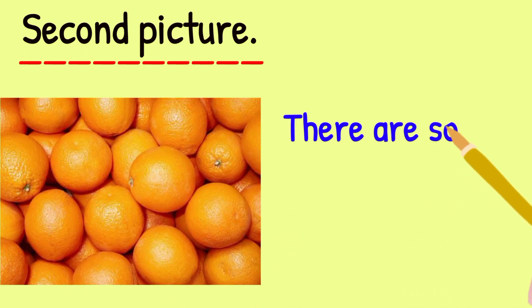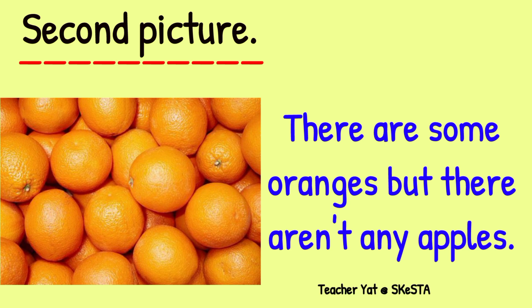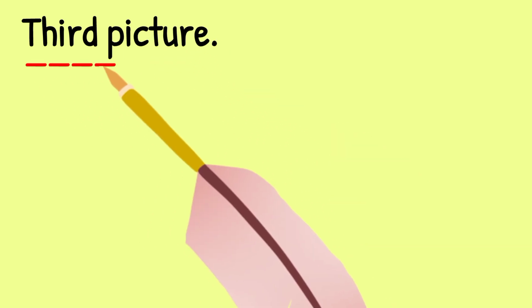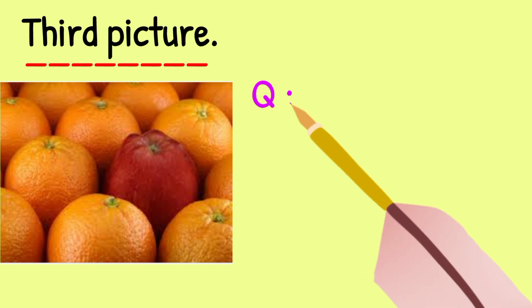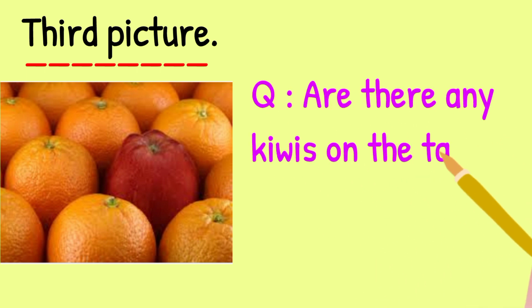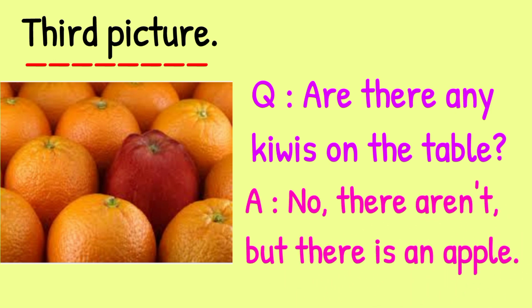For the second picture, we can say, there are some oranges but there aren't any apples. When there are none of apple on the table, we use any. Let's move to the third picture. When we asking question, we can ask, are there any kiwis on the table? The answer can be, no, there aren't, but there is an apple.